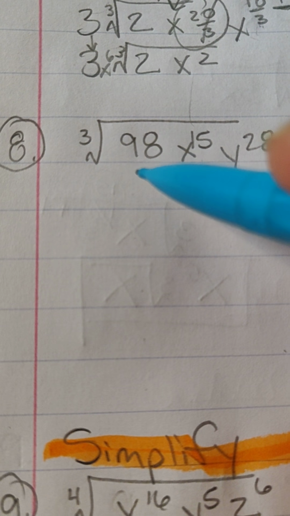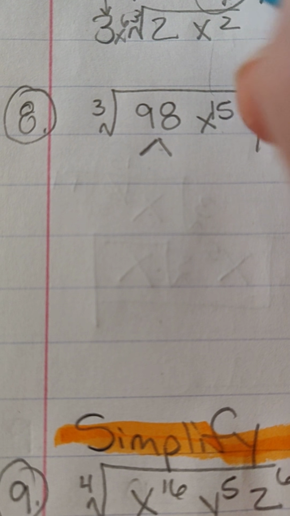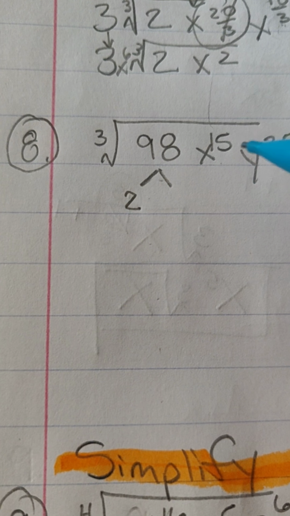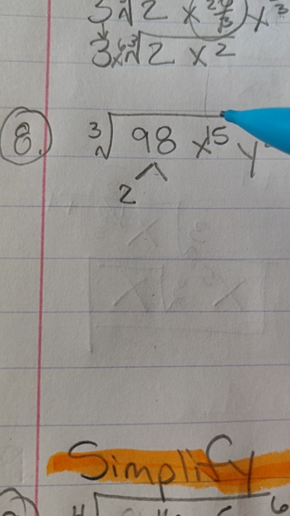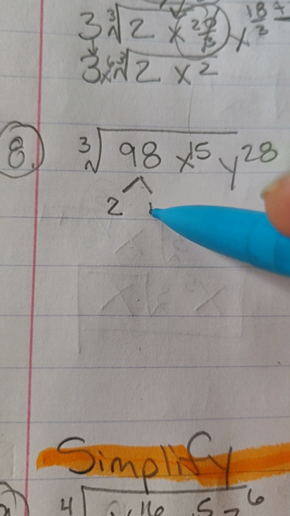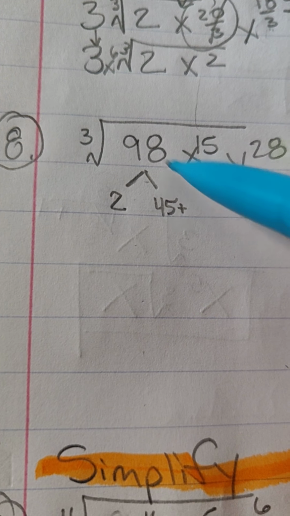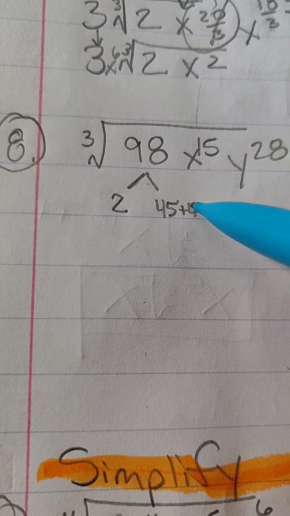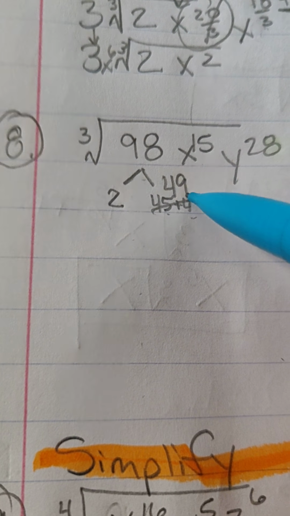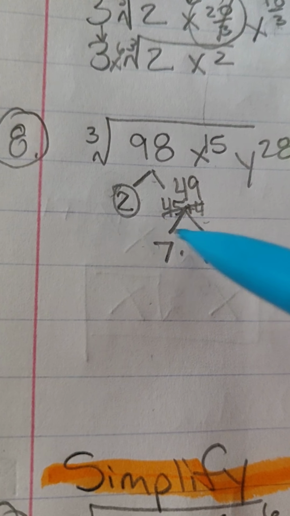We've got 98, and just because off the top of my head, I don't always know what the perfect square is, so I'm going to just divide it by 2, and half of 90 is 45, and then half of 8 is 4, so that gives me what, 49? 2 is done. 49 breaks up into 7 times 7.